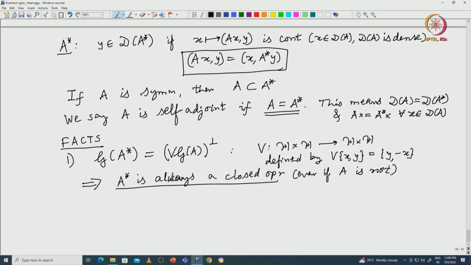Okay. The second one, suppose A is a symmetric operator.